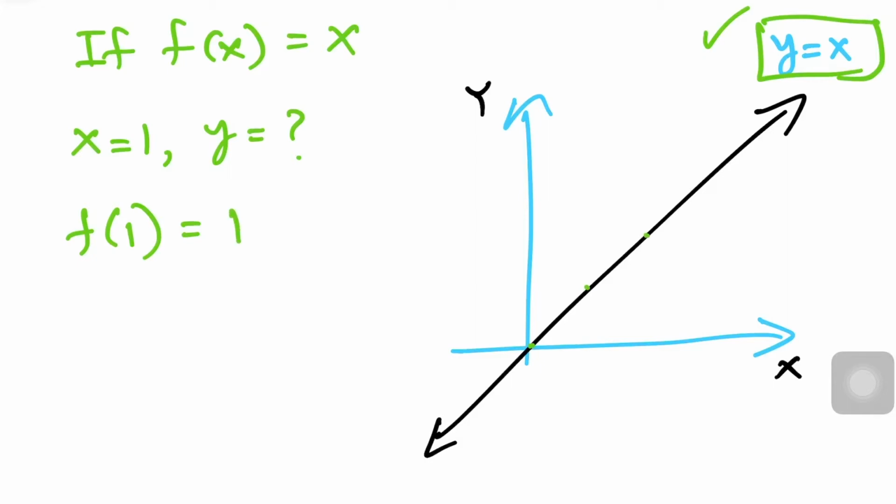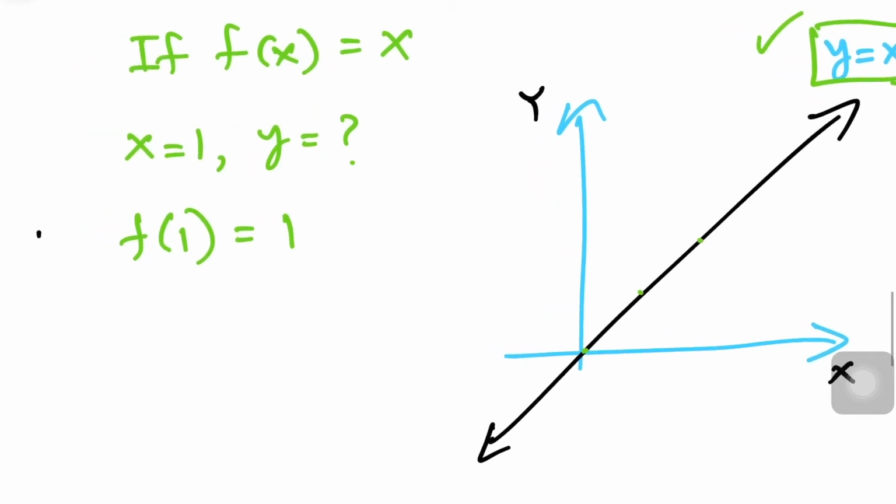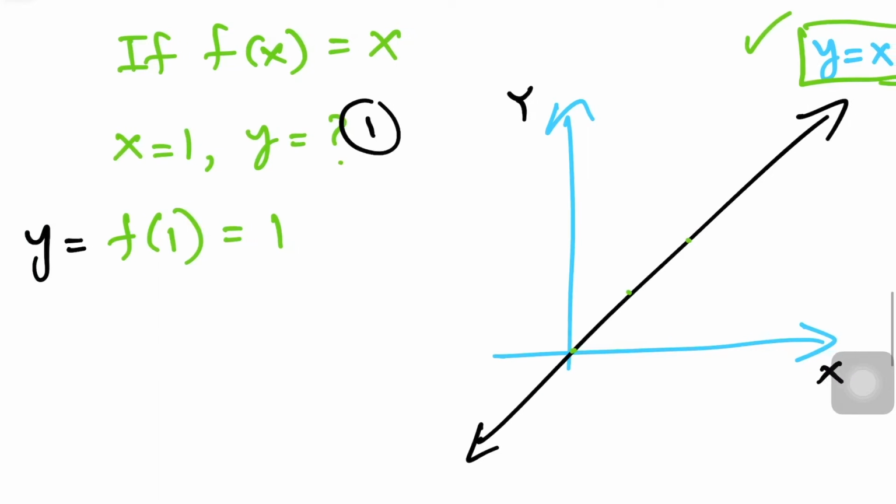So f of 1 will be just 1, right? Remember, our y value is f of 1, right? So y is your f of 1. So in this case, the answer is going to be 1, isn't it? So in limit, the idea is almost the same. Almost. Not exactly, but almost.